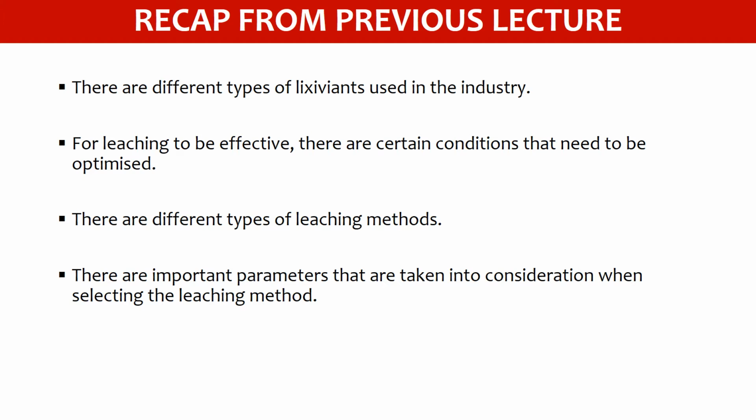And we also took note of the important parameters to be taken into consideration when selecting the type of leaching method, for you to decide to take the agitated leaching method, or maybe the vat leaching method, or maybe the in situ leaching method. There are some factors that you need to take into consideration. So we covered that in our previous lecture. Now let's go into the cyanidation, which is the leaching of gold using cyanide.